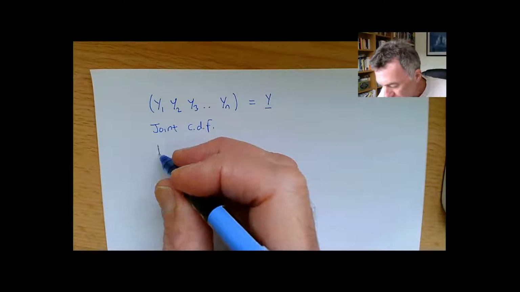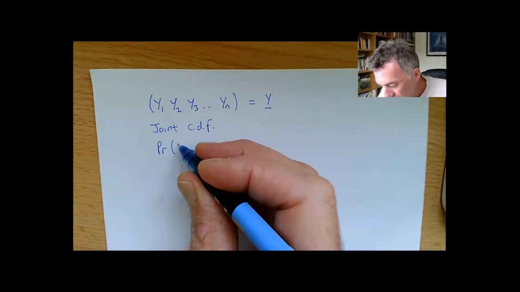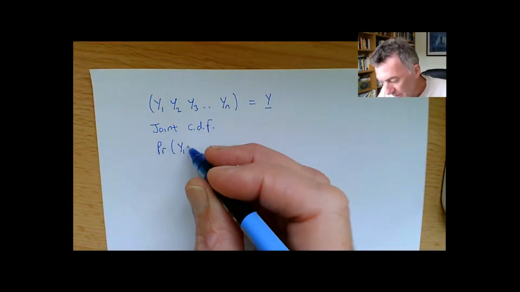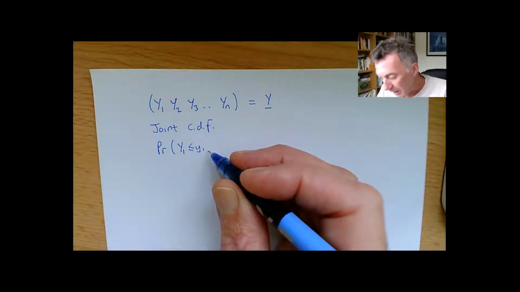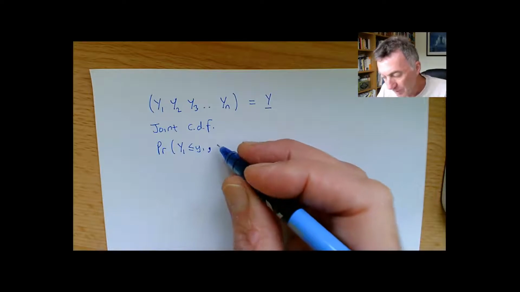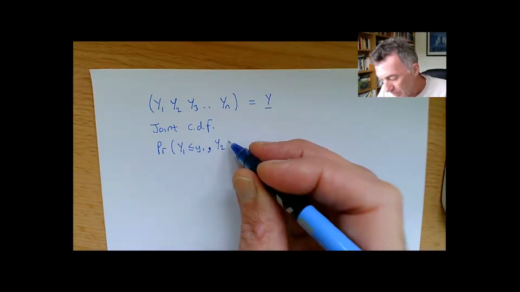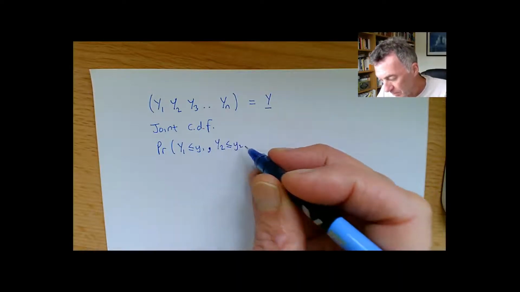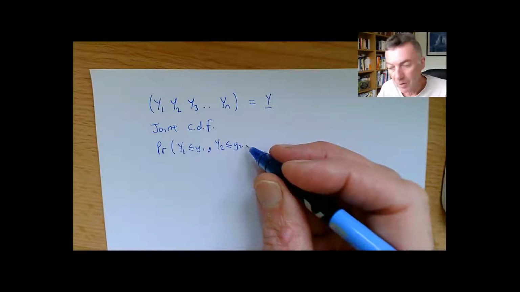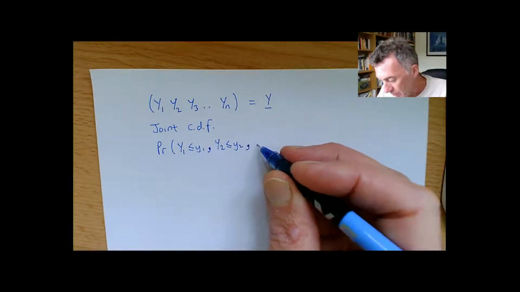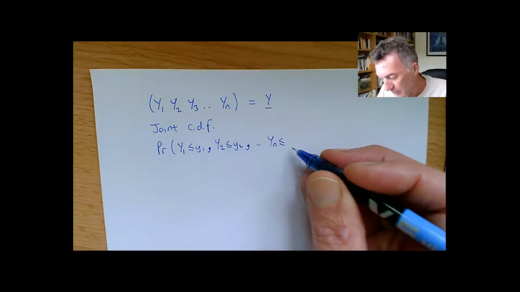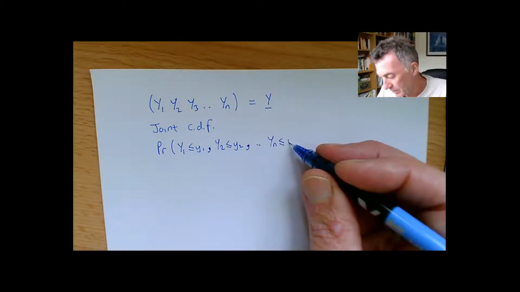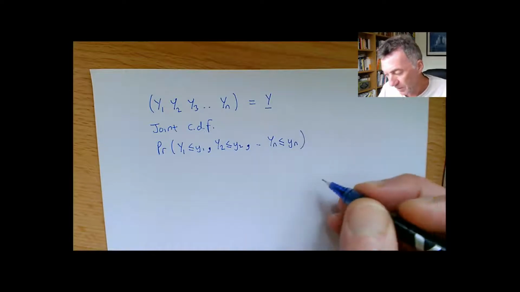defined as the probability that the first random variable y1 is less than a certain value, little y1, and that's what this comma means, the second variable y2 is less than small y2, and so on up to the last random variable, the last person, if you like, in the class. Their random variable is less than yn. Yeah?